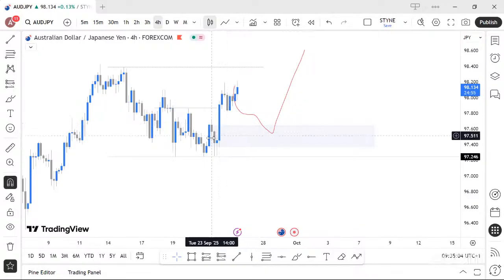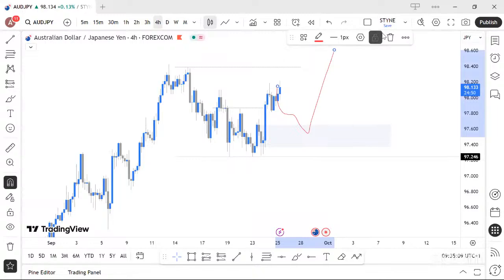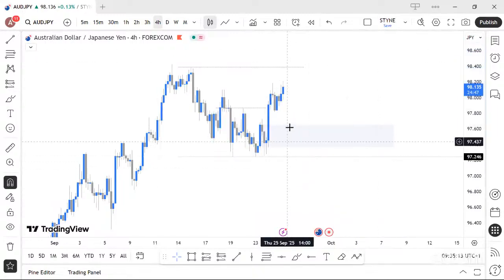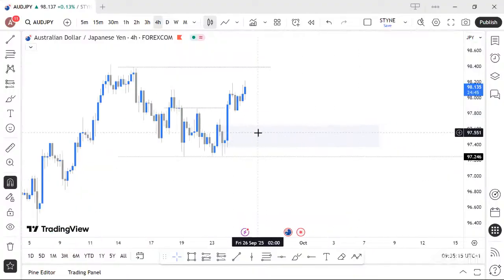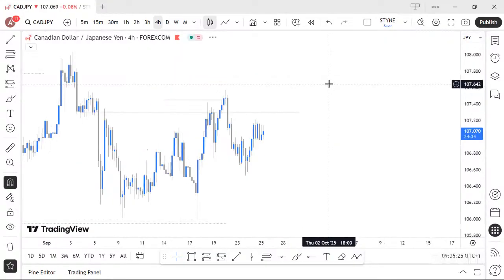And then of course you can see the other block formation down here. So this is a key zone for AUD/JPY to come down to before going to the upside. So that's my view for AUD/JPY.